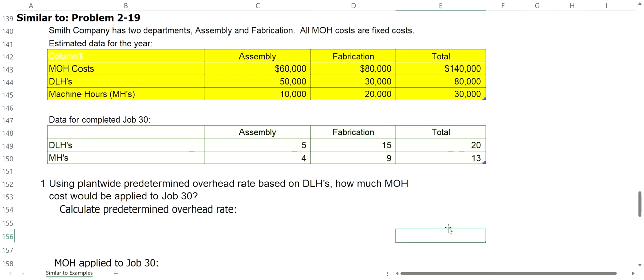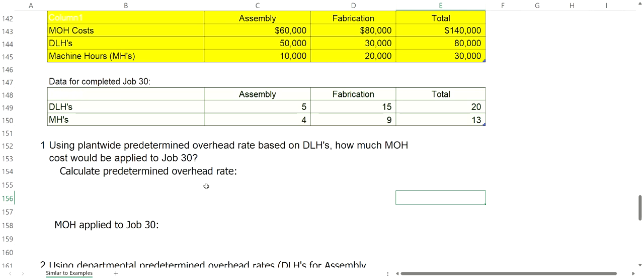Now keep in mind that we may not need all of these numbers. So we're first of all going to use a plant-wide predetermined overhead rate based on using just direct labor hours. How much manufacturing overhead cost would be applied to job 30? Well, we have to go through our two steps. Step 1, calculating the predetermined overhead rate.